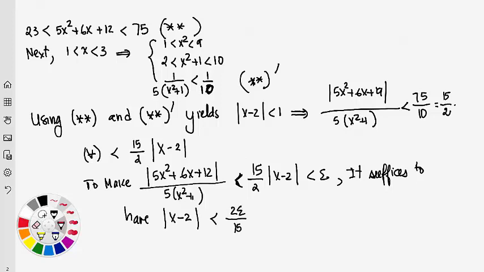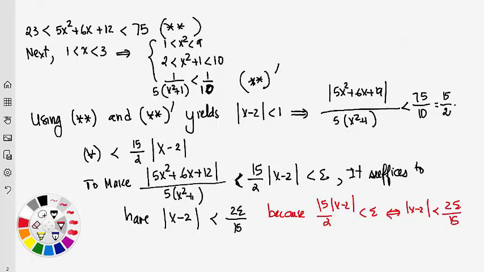Why? Because if you solve this inequality for the absolute value of x minus 2, you get that the absolute value of x minus 2 is less than 2 epsilon over 15.